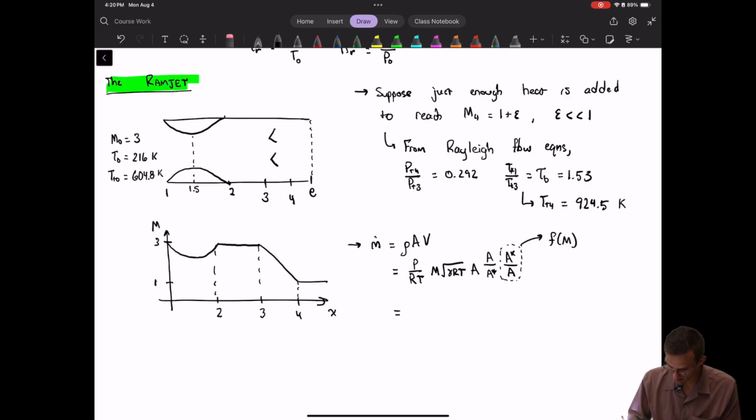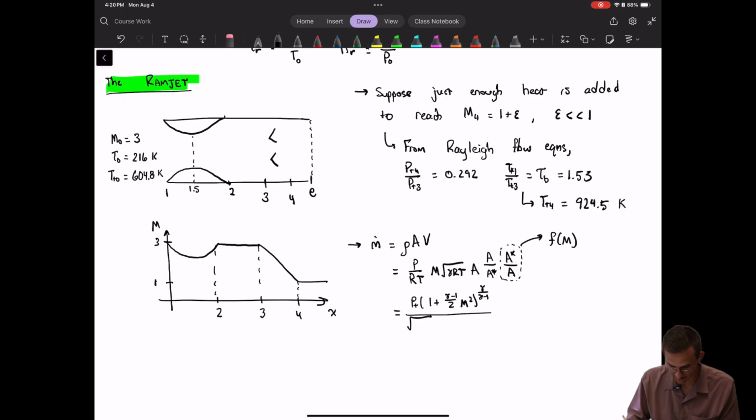Essentially, if you were to sub in the stagnation pressure for where the static pressure is, you get the following: 1 plus gamma minus 1 over 2 M squared, raised to the power gamma over gamma minus 1. Okay, so that's just subbing in for there. We're also going to perform some cancellations and bring in the stagnation temperature in the same way.